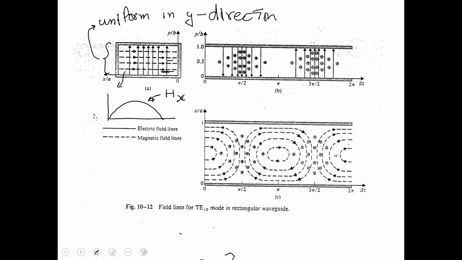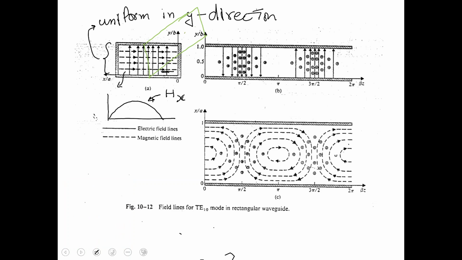If we now go to the Z direction and plot it in the YZ plane, so basically I'm taking a plane like that, right through the center, and I see how the field is going to go forward in this YZ plane.